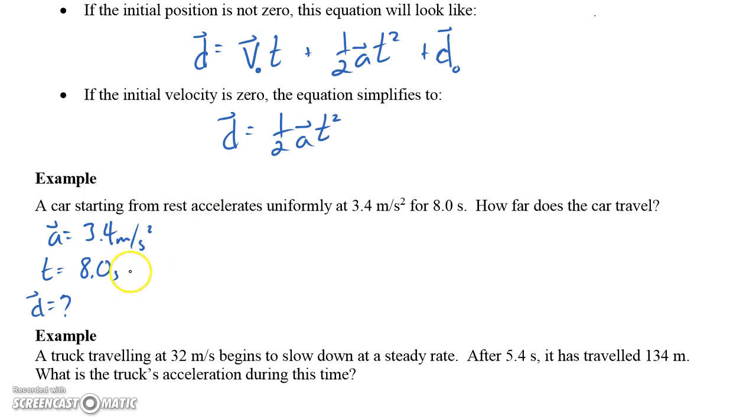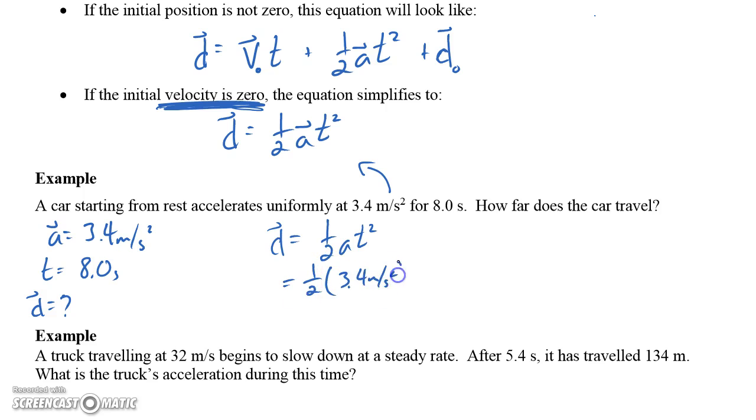That means our v naught is 0. So we just came up with this equation that simplified to 1/2 at squared right here, because our initial velocity is 0 in this problem. Then we can just plug everything right in there.